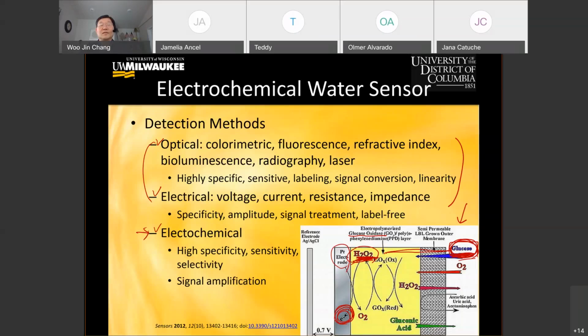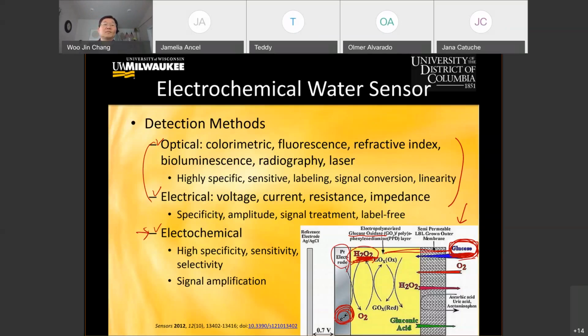So it can be noticed that this method has advantages as well as disadvantages. If we have a good system like this glucose oxidase, we can have very good sensitivity, which means we can detect a very small amount of glucose, the target molecule, because basically this electrochemical reaction amplifies the signal that we can obtain from the target molecule.